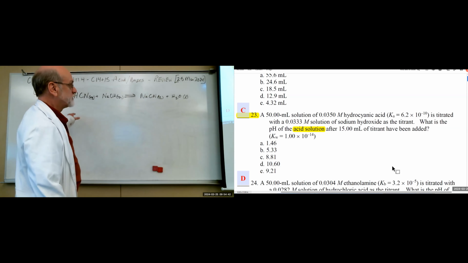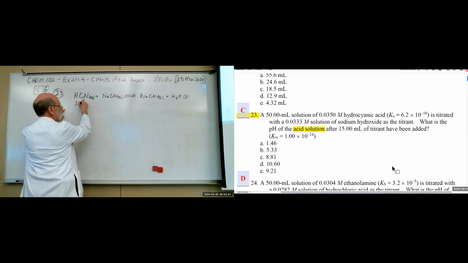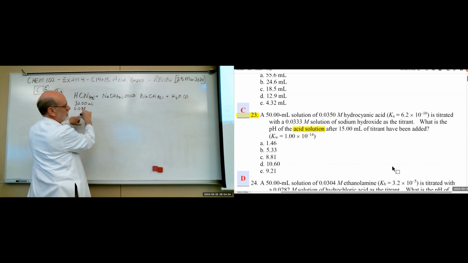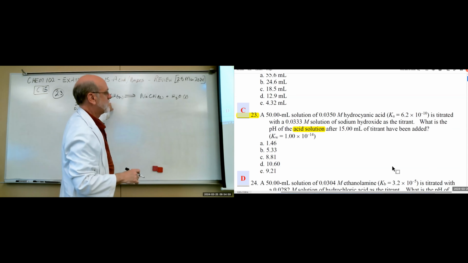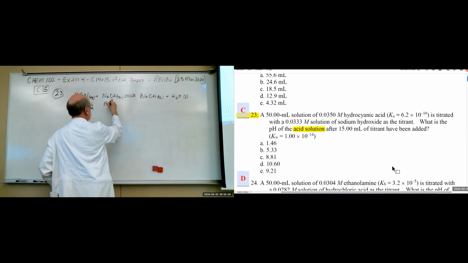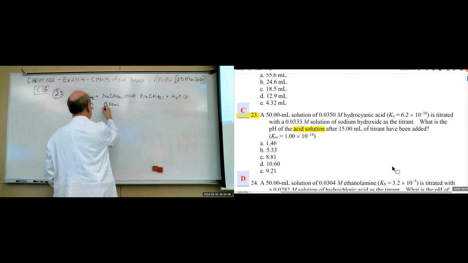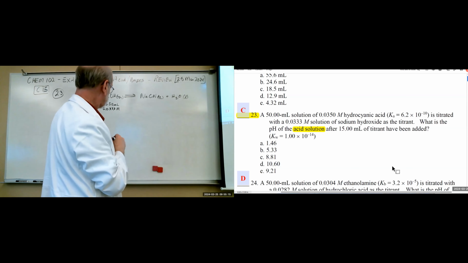So what we're given is 50 milliliters of 0.0350 molar. And then we have 15 milliliters of sodium hydroxide solution at 0.0333 molar. All right.